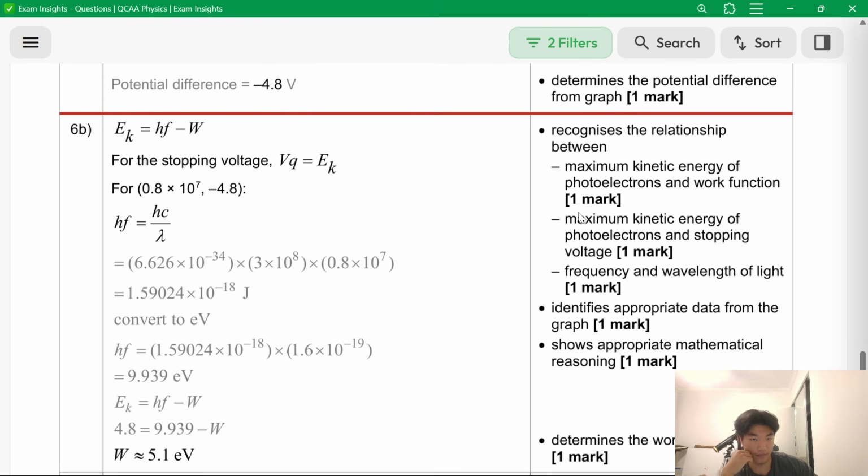Wait, what? They just subbed in 1 point. Are you serious? I thought you had to interpret the gradient and do all that stuff, but you just sub in a point. Don't know how I feel about that.